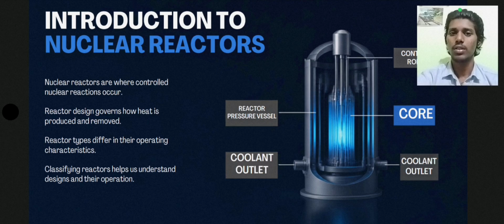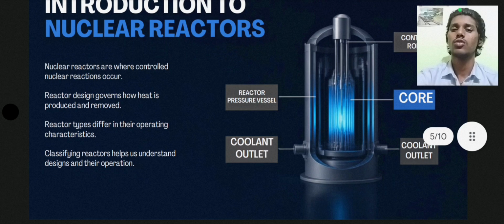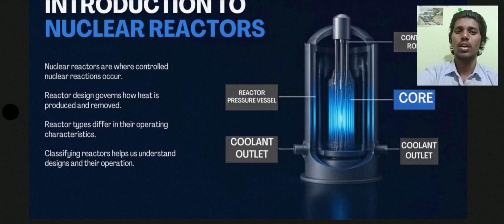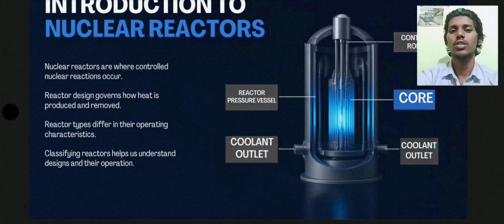Reactor design governs how heat is produced and removed, so basically it does the work of heat management. Reactor types differ in their operating characteristics. Classification of reactors helps us understand their design and operations.